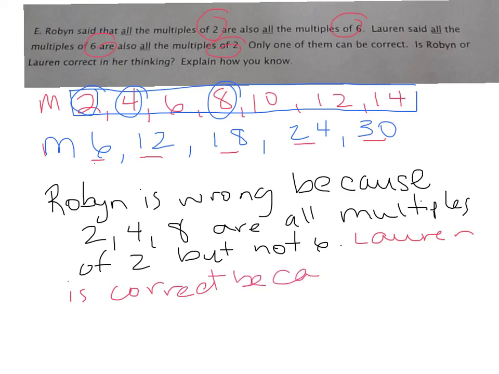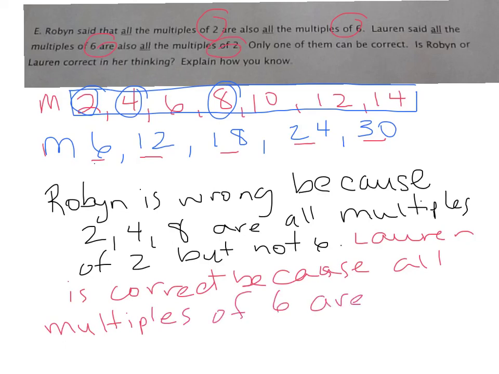Because all multiples of 6 are what? Even numbers, and I'm running out of room. And even numbers are what? Multiples of 2. All right, good job.